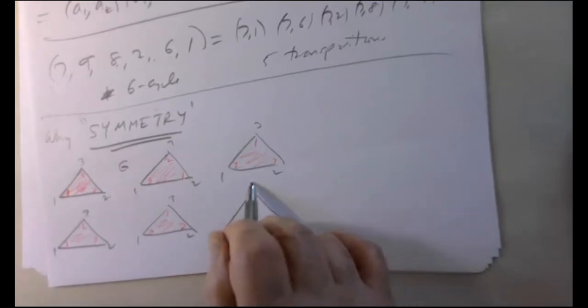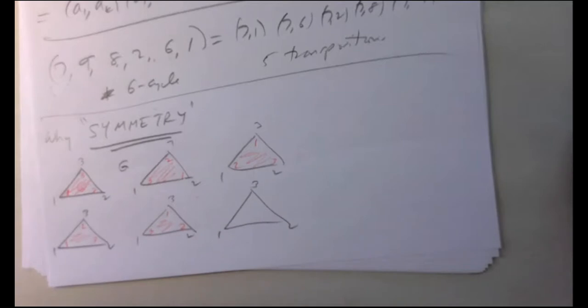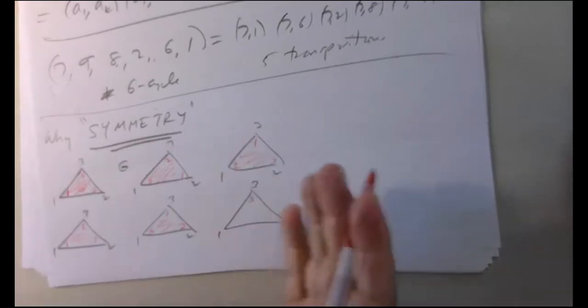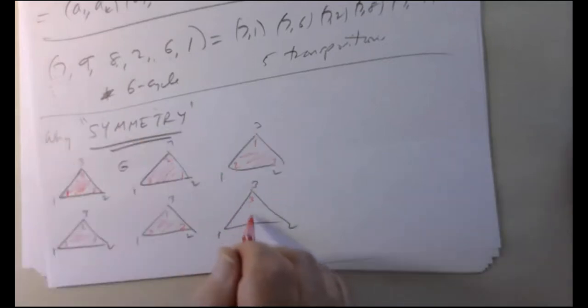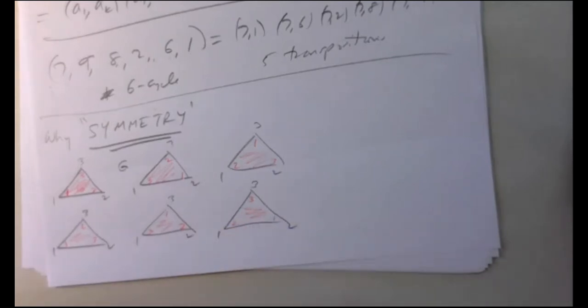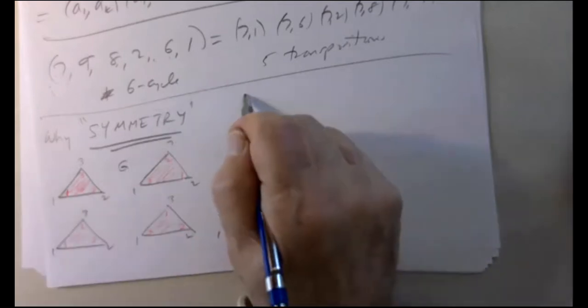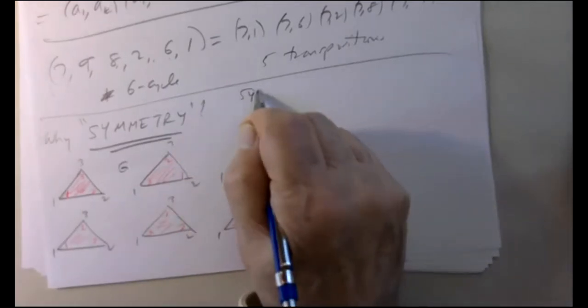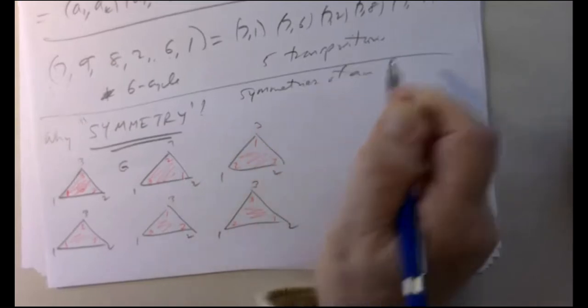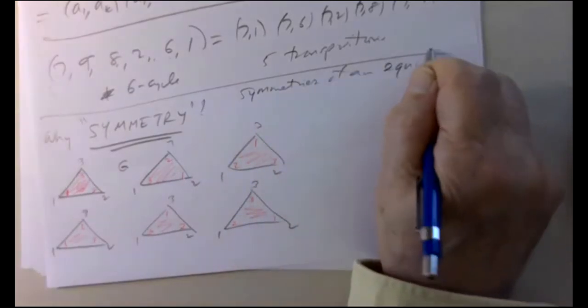And the other thing I can do, I can fix vertex 3 and reflect the triangle through this vertical line. I get my 2 here and my 1 here. So these are the symmetries of an equilateral triangle.